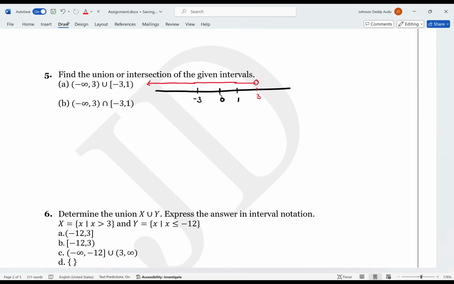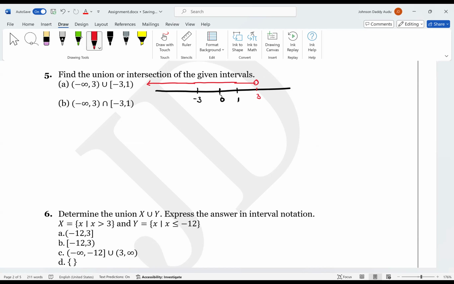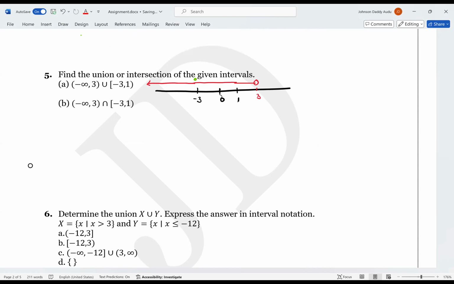Then the second interval, it's from where? From minus 3. So that will begin from here, but it is closed. But minus 3 now, you'll go up to where? Up to 1, which is open, right? So we want to find the union. So the union means we want to take everything that is in red as well as everything that is in the green one.